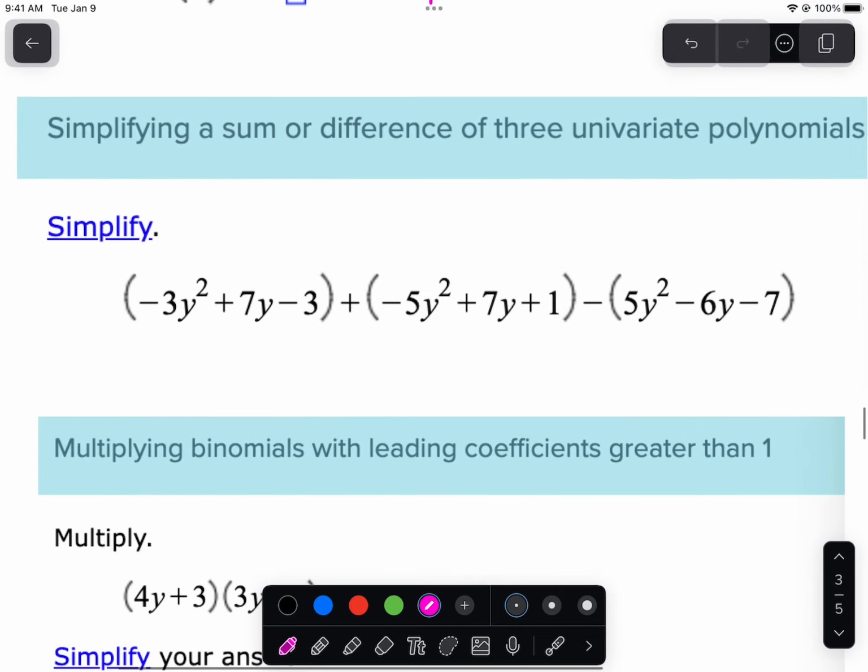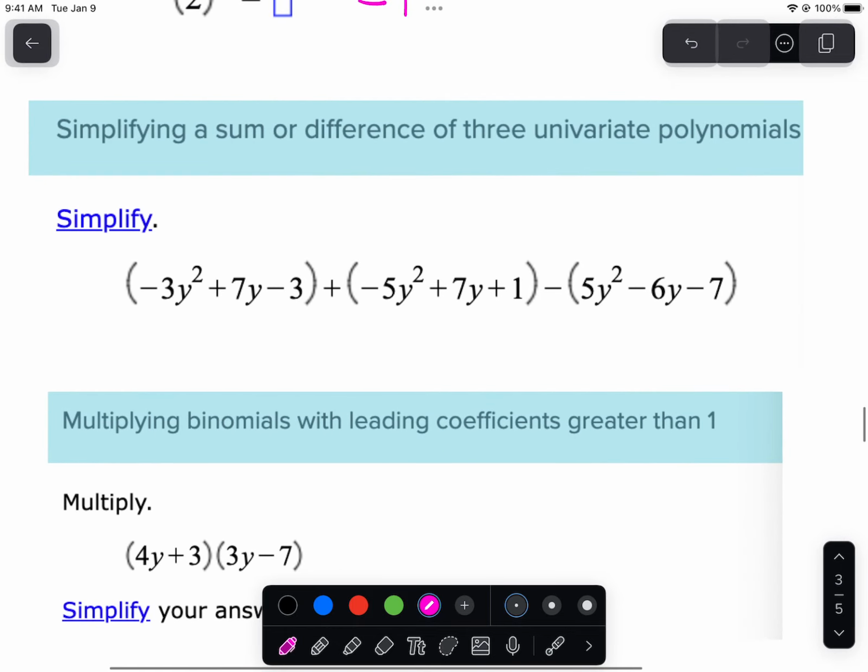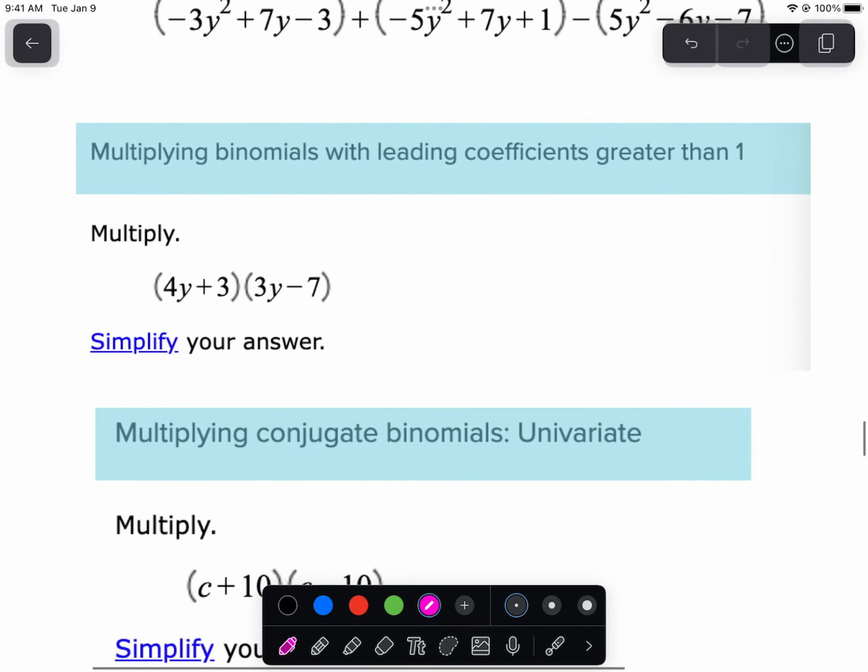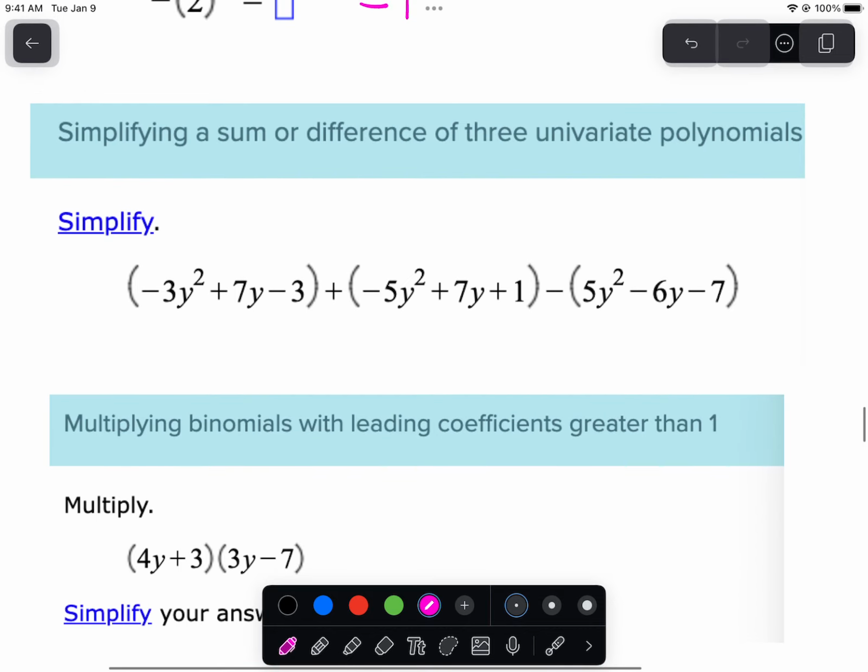Okay. Let's take a look at polynomial stuff. Just got 3 more to think about. The first one is about adding like terms. Okay, so let's do this. First thing I would suggest, back in Algebra 1 or 2, if you see a negative in front of a quantity, my suggestion is distribute it in first before you do anything else.